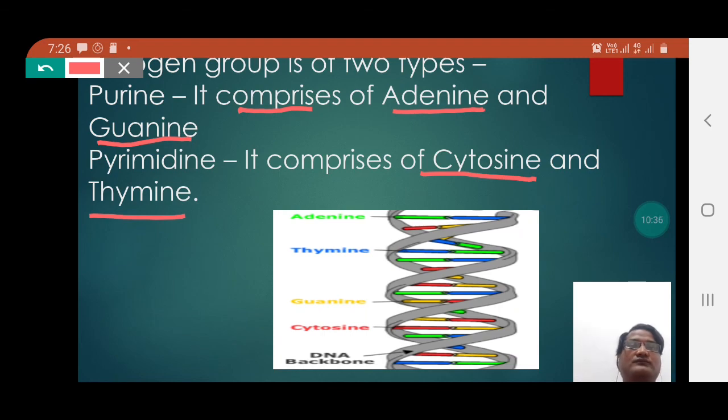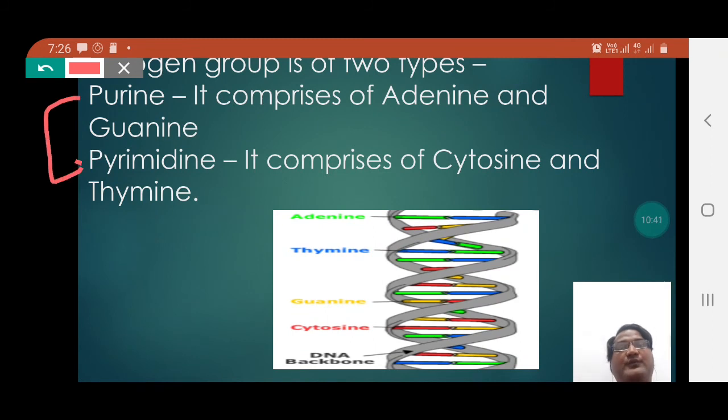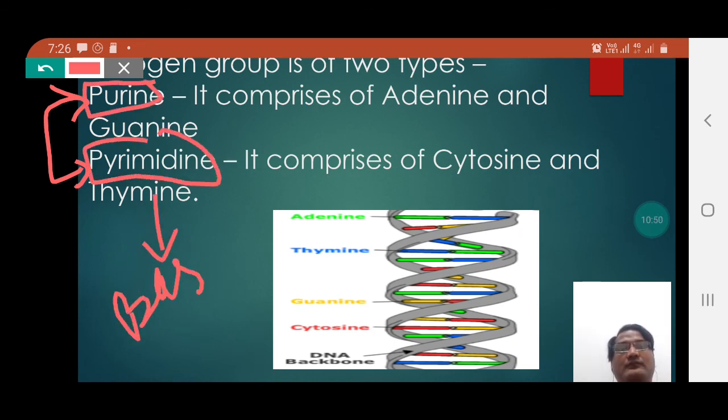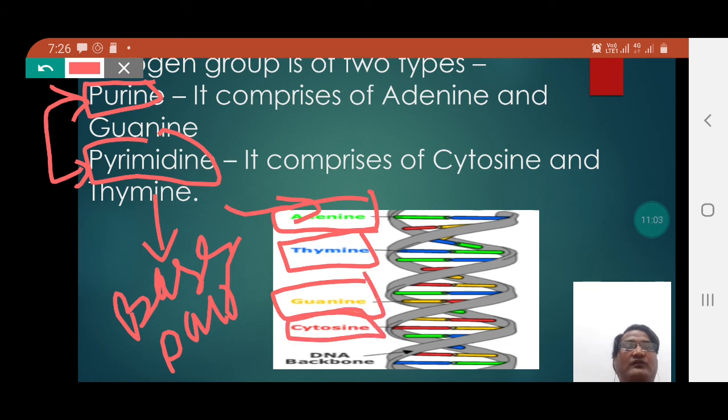Students, purine and pyrimidine are the most important part of the DNA, which collectively forms the base pairs. Now students, in this picture of the DNA also we can notice the adenine, the thymine, the guanine and the cytosine, which all together form the base pair.